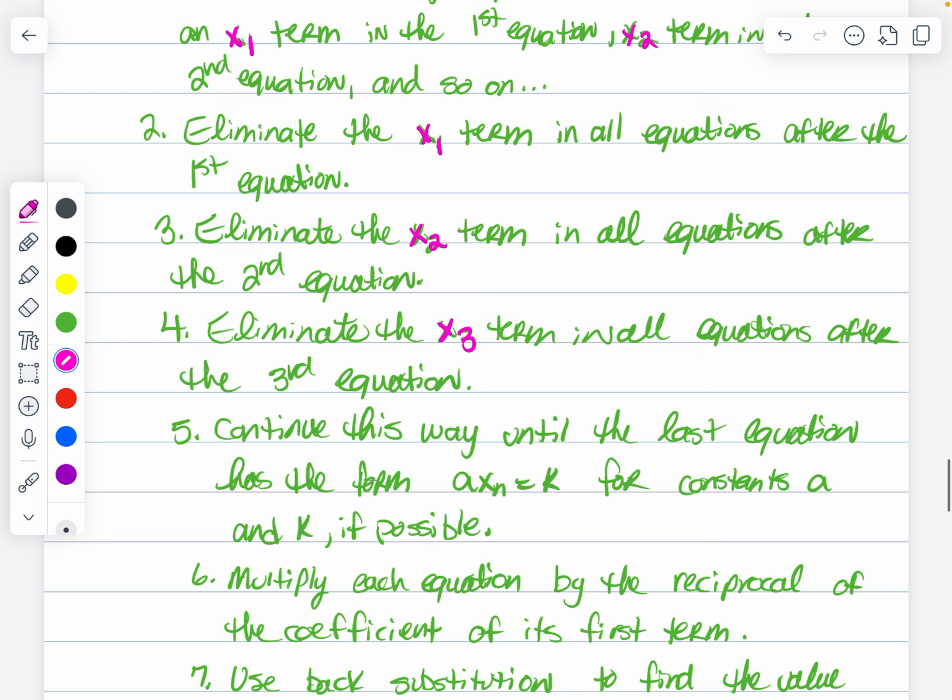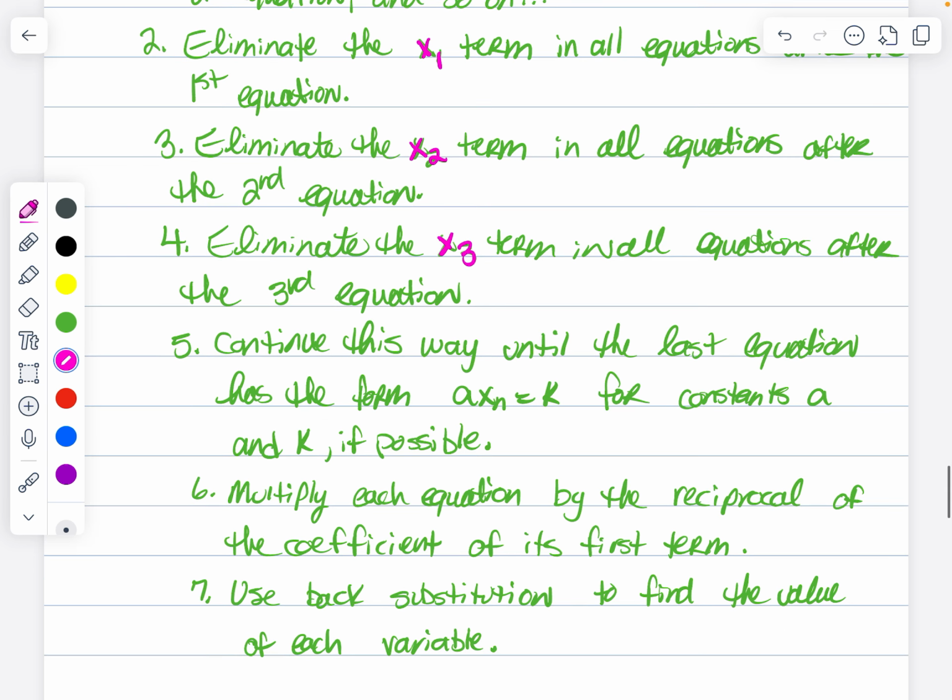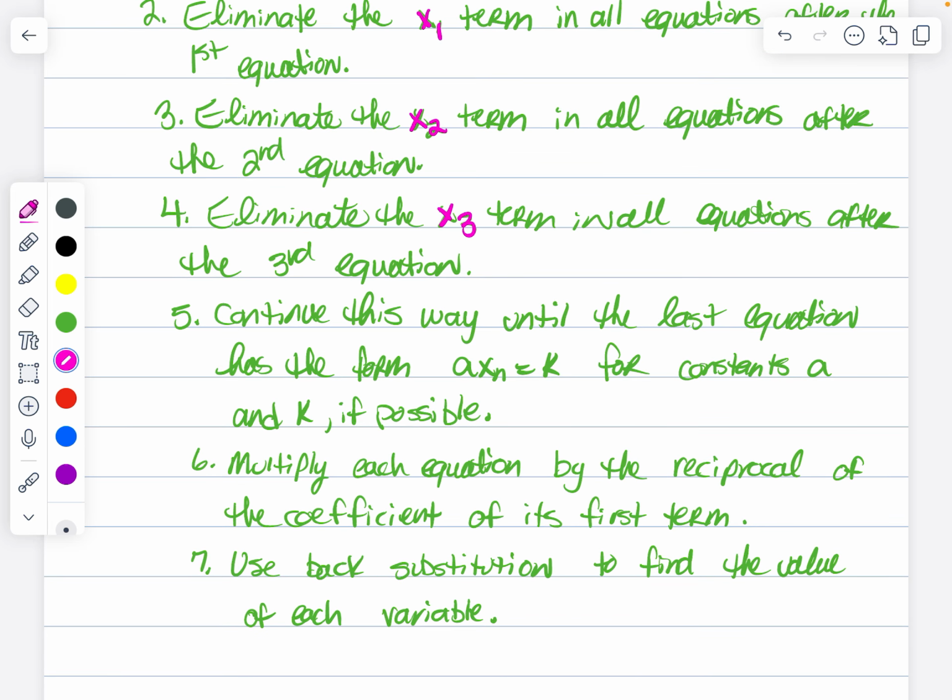And if there's a third equation or more, then you eliminate x3 in every equation that comes after the third equation. So the goal is to continue in this way until the last equation has this form of a times x sub n equals k.